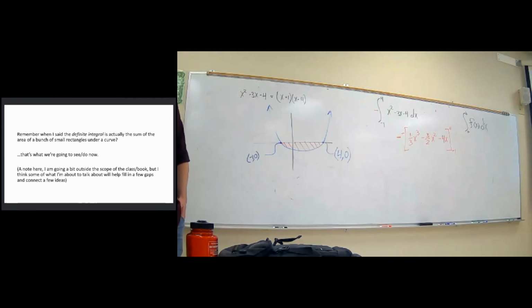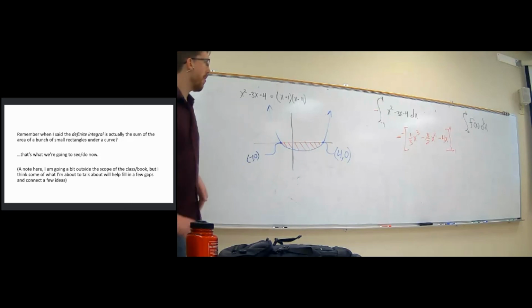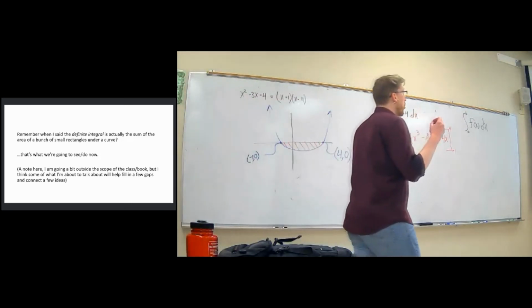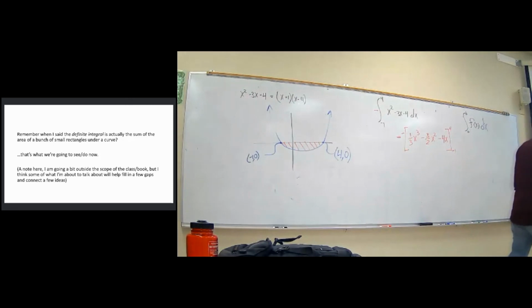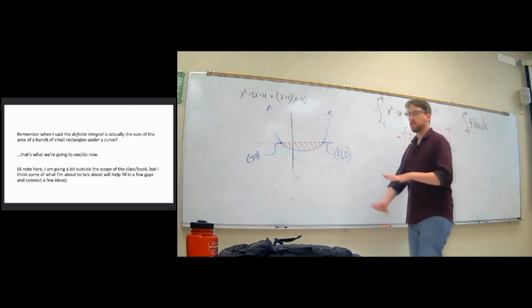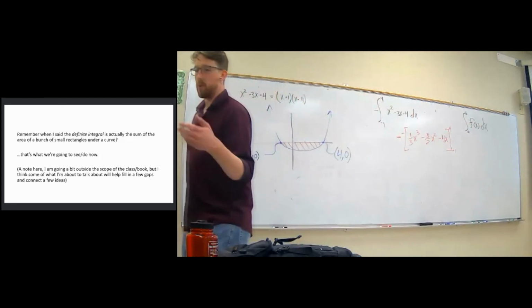What we're going to talk about is what this definite integral actually is, where it comes from, why it is what it is. Now, before we get into the nitty-gritty of all of this, like I say here in the notes, I'm going to jump outside the scope of the class for just a minute because I think the notation will help us.